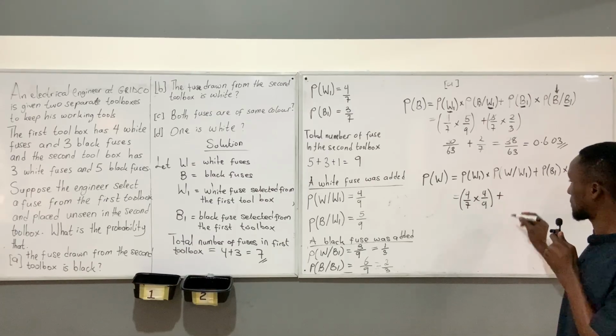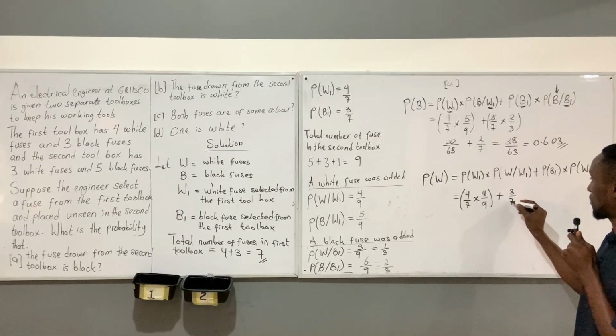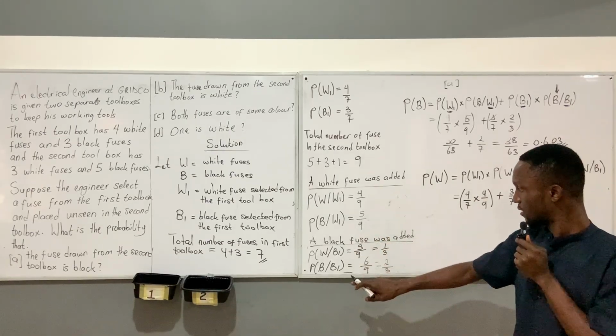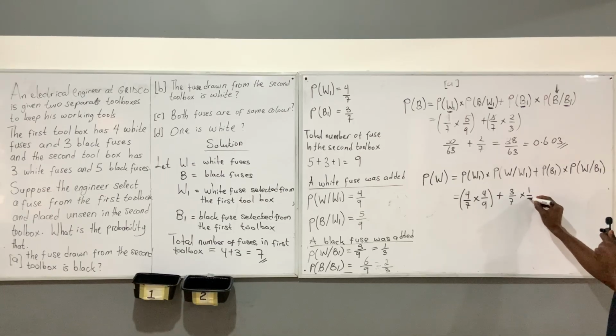4/9, plus the probability of B1, which is 3/7, times the probability of him picking a white fuse, given that a black fuse was added, is here. We have 1 out of 3.